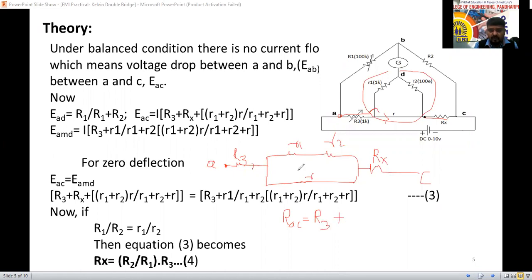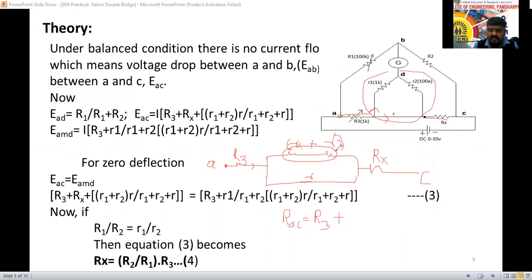Plus here, see, these two, R1 and R2, are connected in series or parallel? Series. So R1 plus R2 we can write. This total resistance R1 plus R2 is this branch resistance.